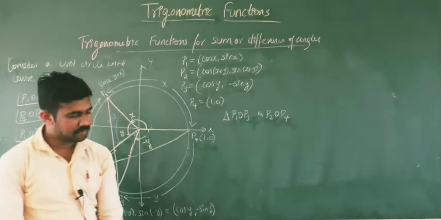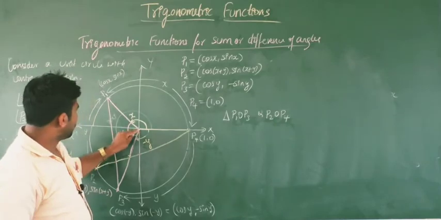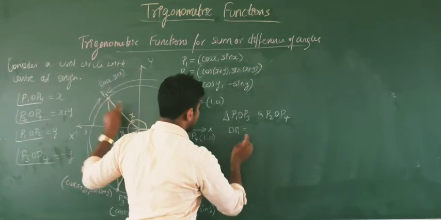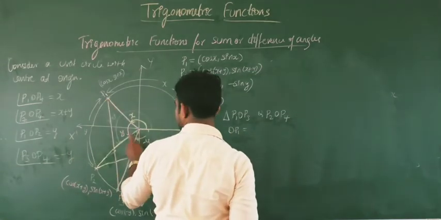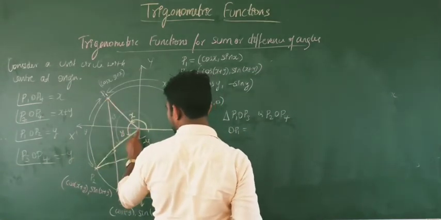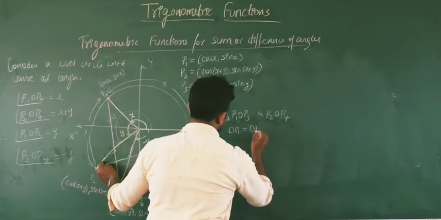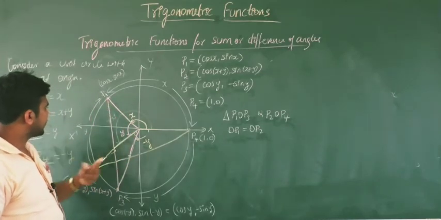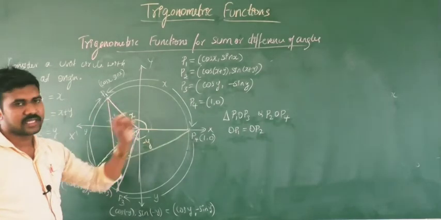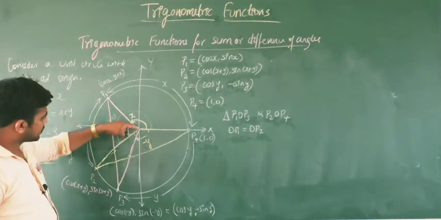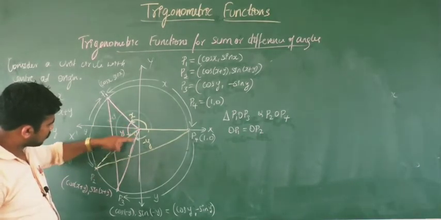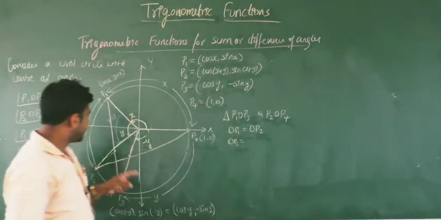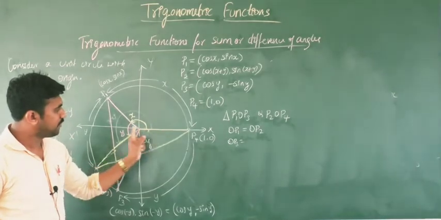In this triangle, the length OP1 is nothing but radius of the first triangle. In the second triangle, P2 O P4, you can observe OP2. These both have the same length because both are radius. Similarly, another side, in the first triangle that is OP3, and in the second triangle, OP4.